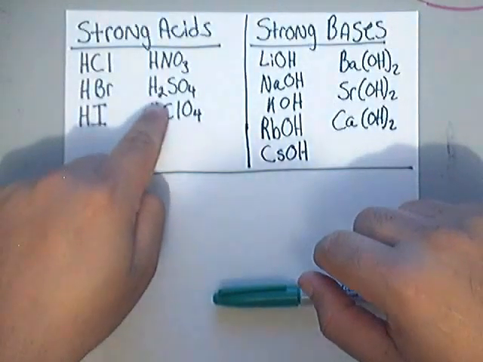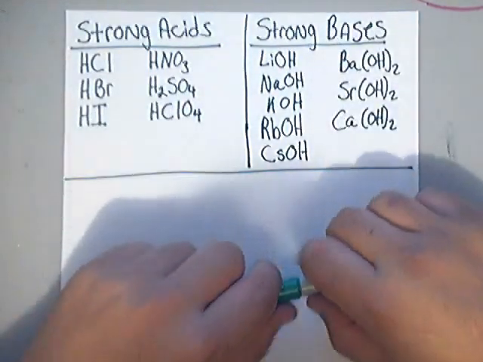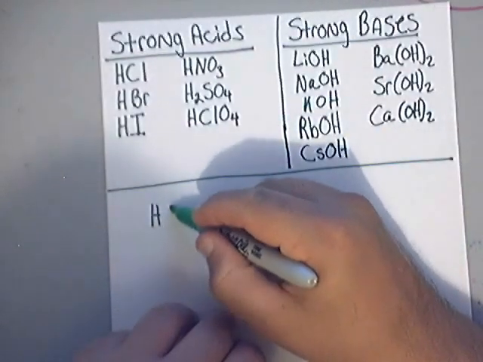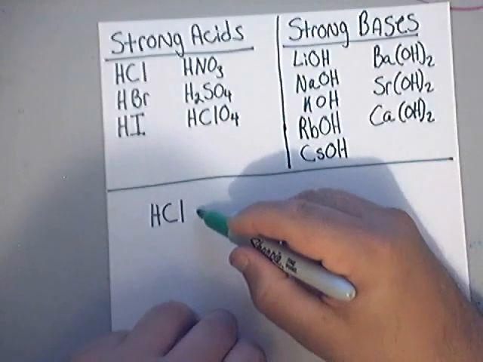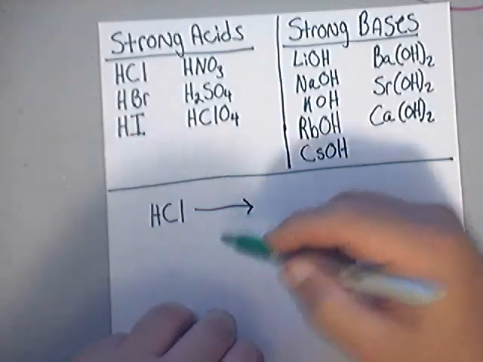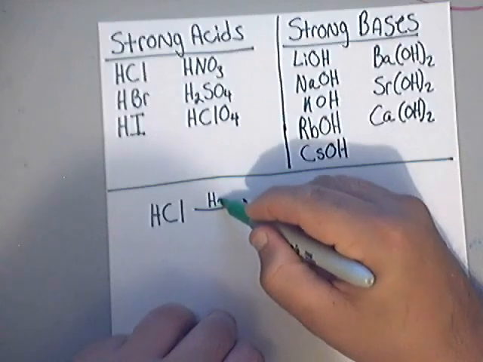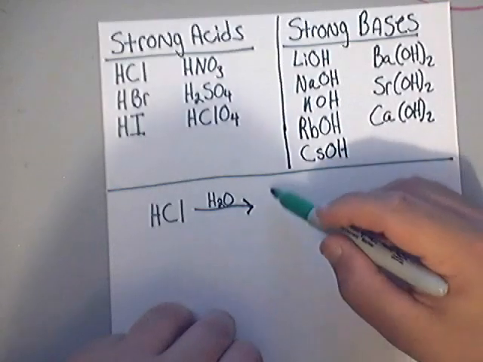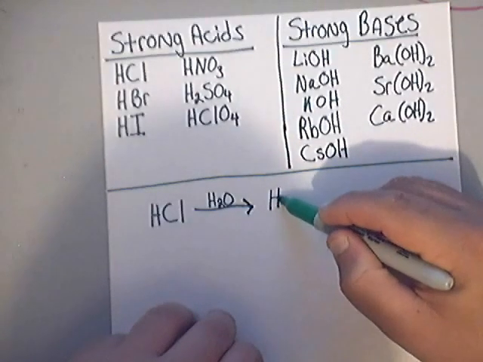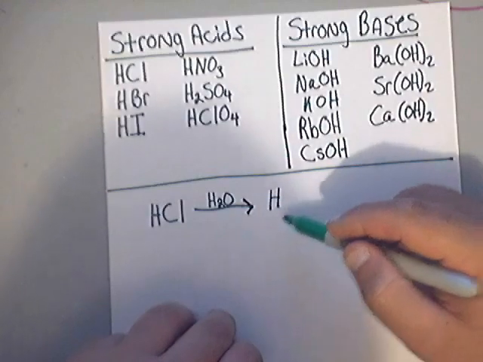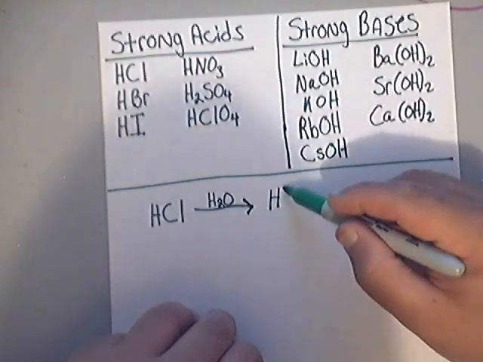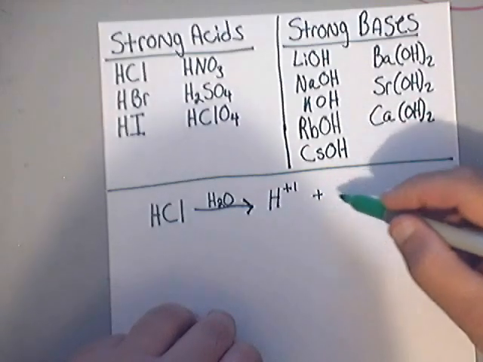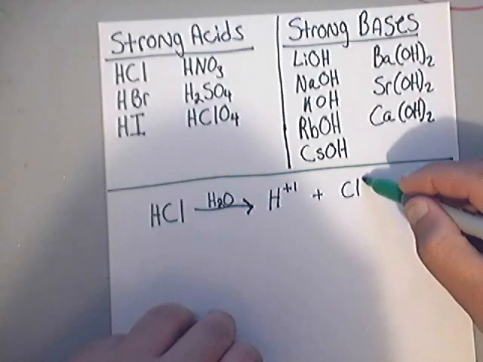For example, if you threw HCl, hydrochloric acid, into water, the hydrogen would separate from the chloride ion, the H becoming H plus 1 and the chlorine becoming Cl negative 1.